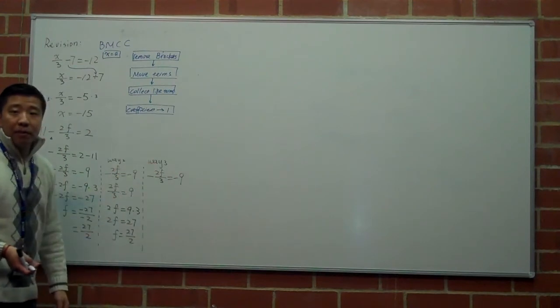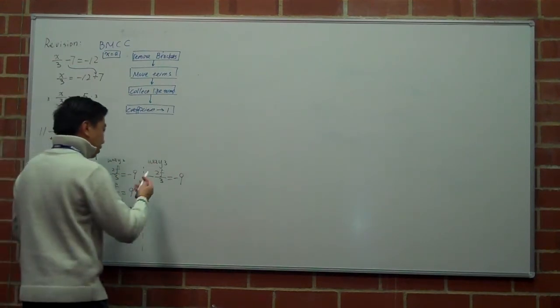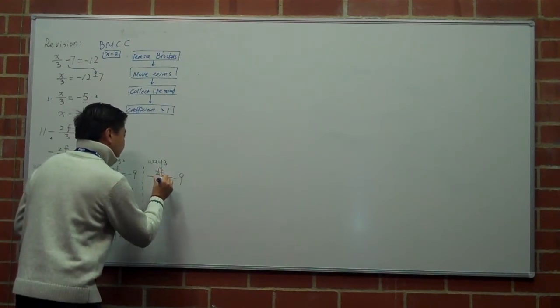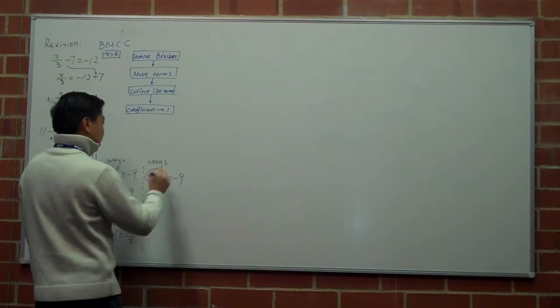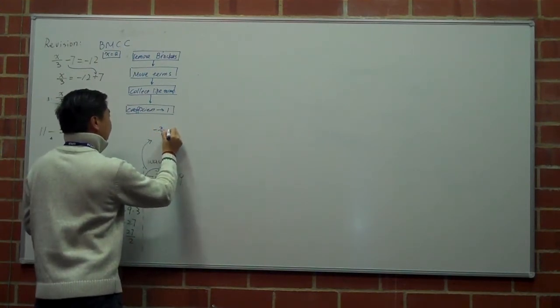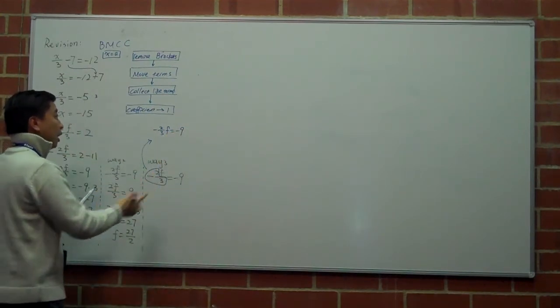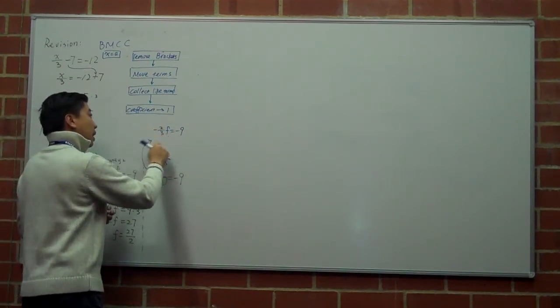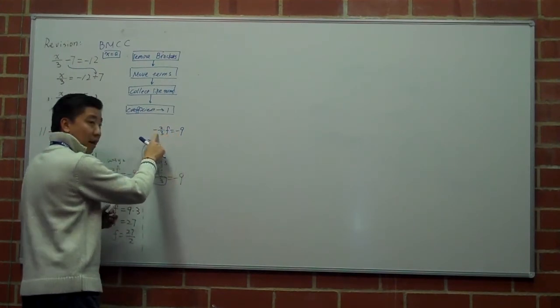Firstly, could you please let me know what is the coefficient of f? Yes, the coefficient of f is negative 2 over 3. Good. So, I can rewrite this as negative 2 over 3 f equals negative 9. Is that correct? Yes. Now, the next step is this number times f equals negative 9, and then I have to divide by this number.